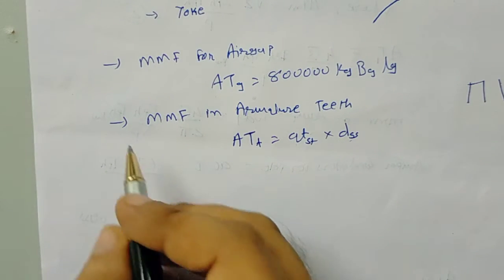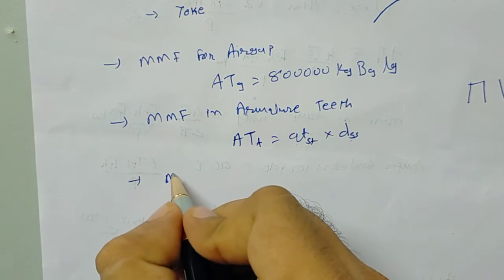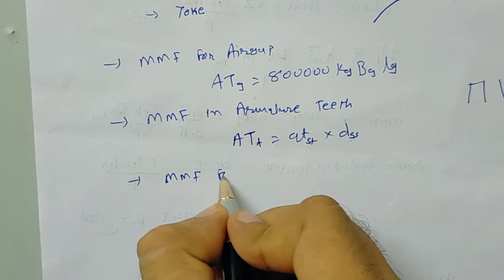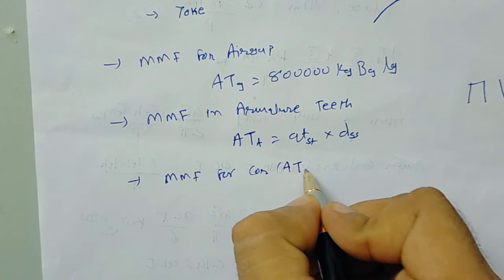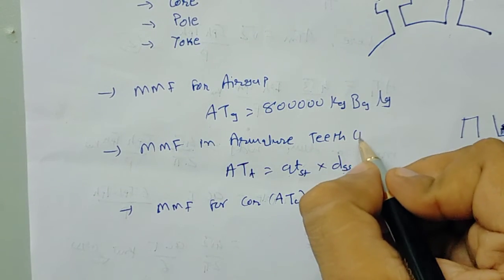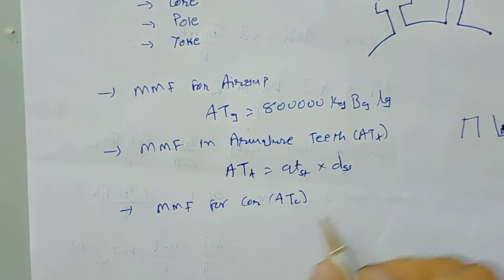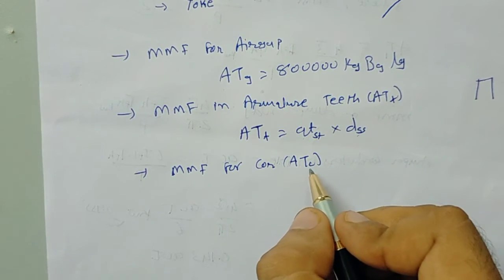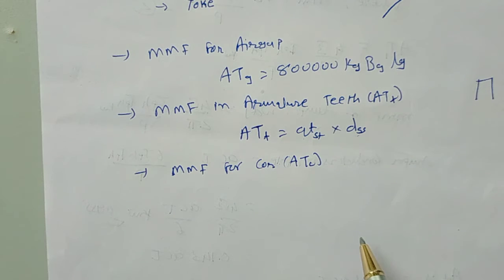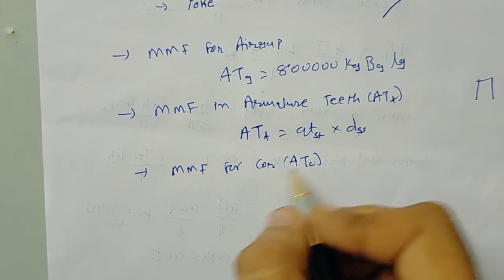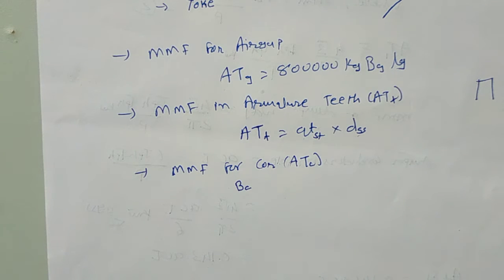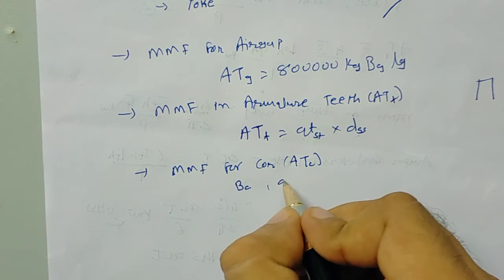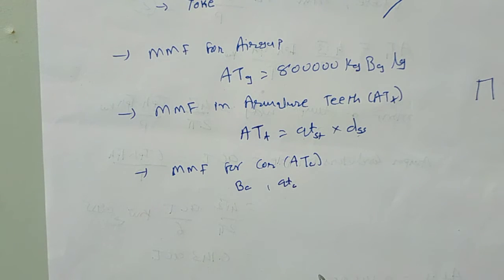Next comes the core. The MMF for the core is called ATc. This was AT, small t, and c stands for the core. Corresponding to the flux density in the core, let us say the flux density in the core is Bc, and the MMF per meter is ATc for the core.